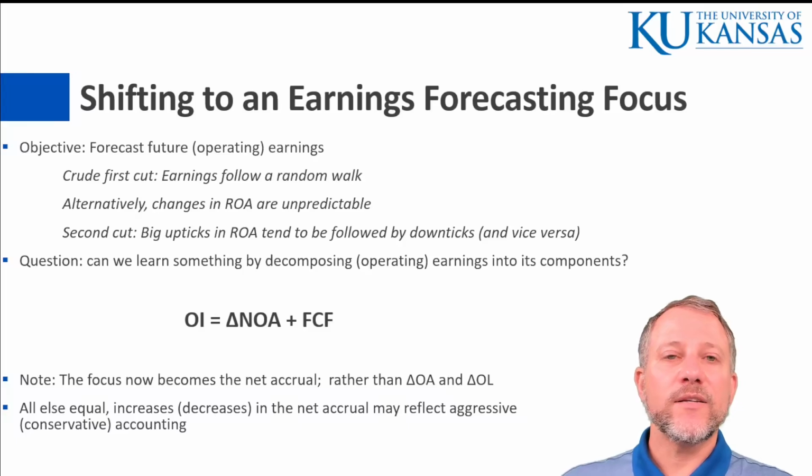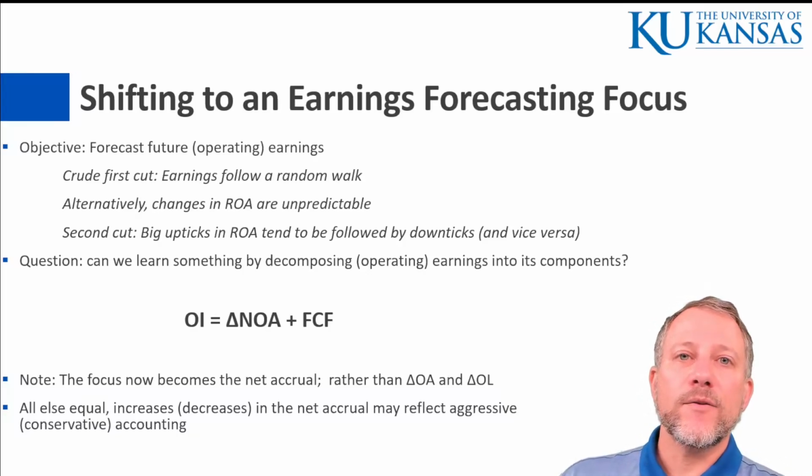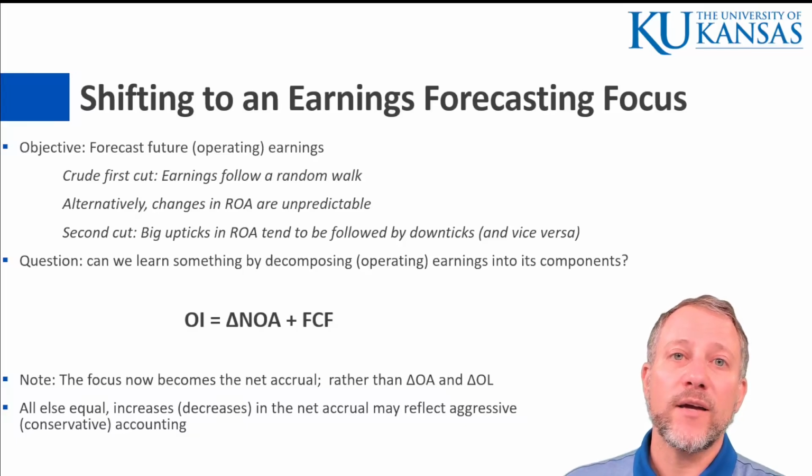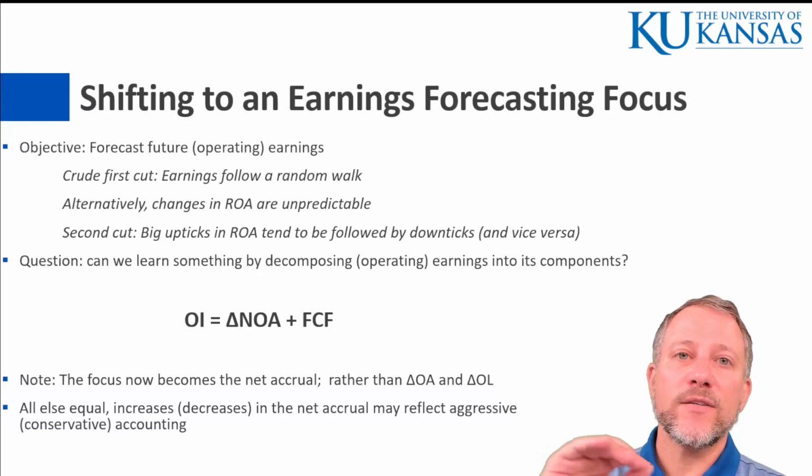If we continue thinking down this path in terms of competitive forces and a competitive economy, the second thing that we can learn from this is that if you see a huge increase in ROA in a certain period, it's unlikely that that increase can persist for a long period of time.